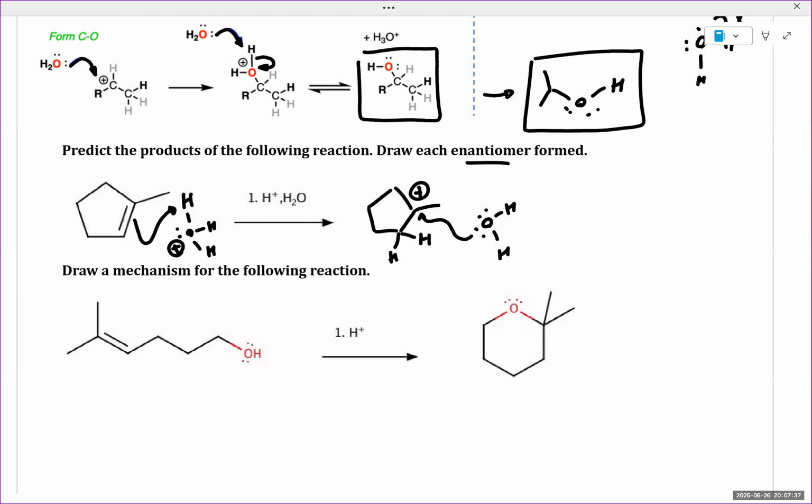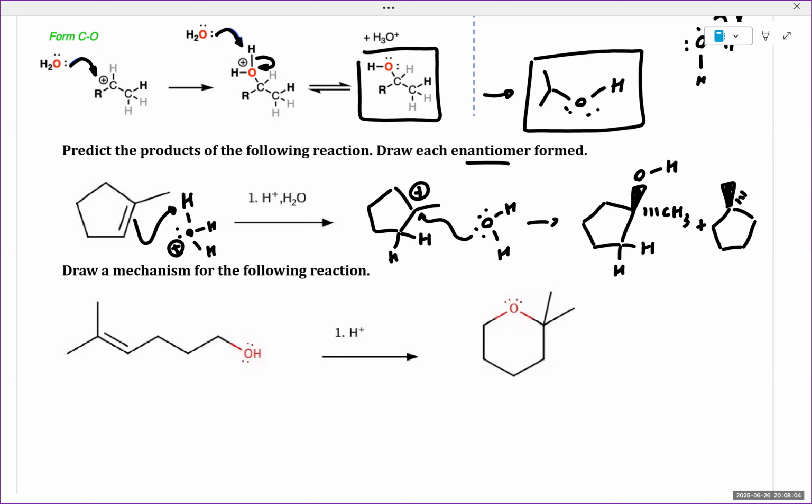It can attack from either face, and thus we would get a mixture of stereoisomers and a mixture of enantiomers. I'm going to draw these alcohols after the cleanup step just to save some space.